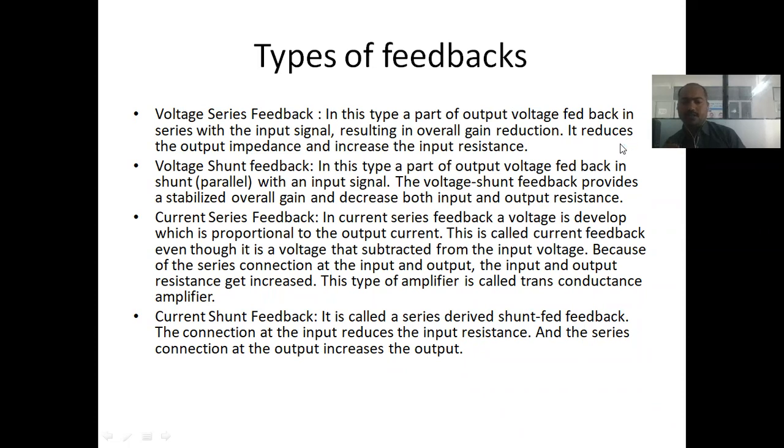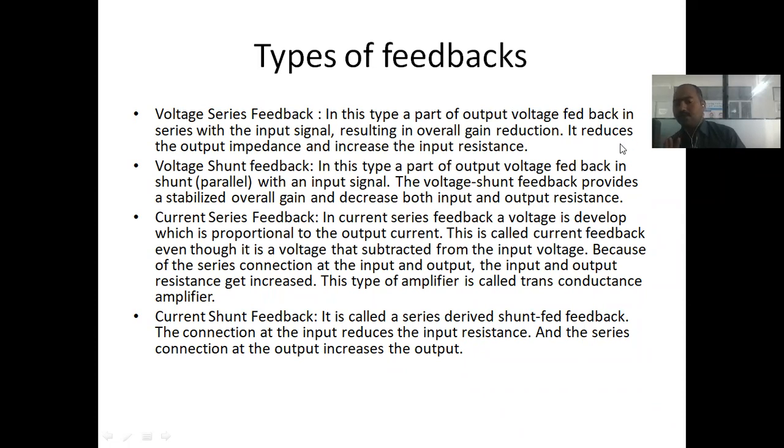So this current is subtracted from the input voltage. How? Part of it is applied again to the input, right? That's why it is subtracted from the input voltage. Why is it subtracted from the input voltage? Whatever input is applied, that is voltage.